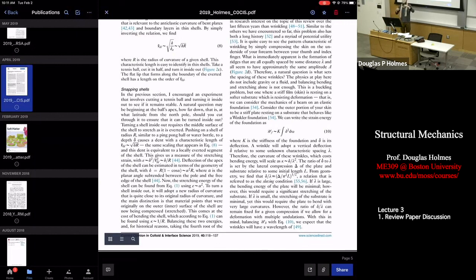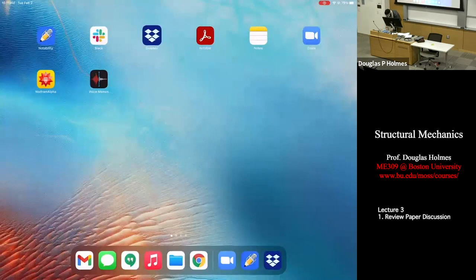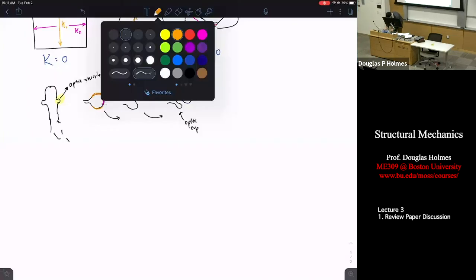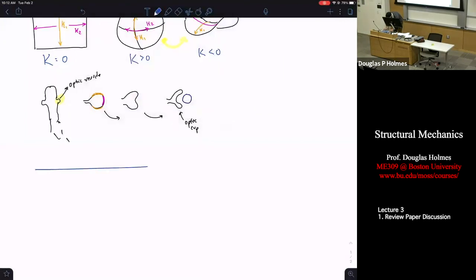What people said is imagine your skin is like a stiff layer sitting on an infinite number of tiny springs. So imagine your skin is here and you have a bunch of tiny springs here.